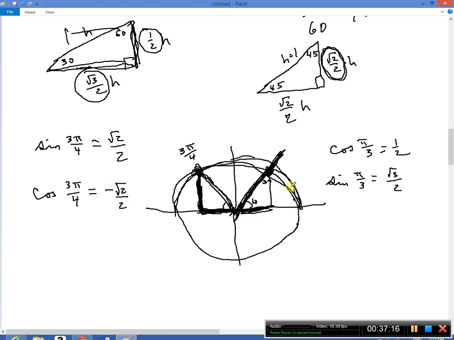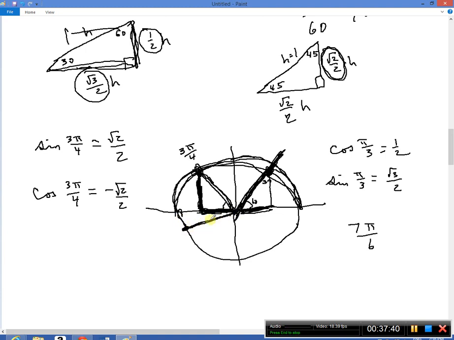And you can play this game with any angle that's a multiple of pi over 6. Let's do 7 pi over 6. What are we talking about? We just go 7/6 of the way to pi. This is 6/6 the way to pi, and one more takes us to 7/6 of the way to pi.